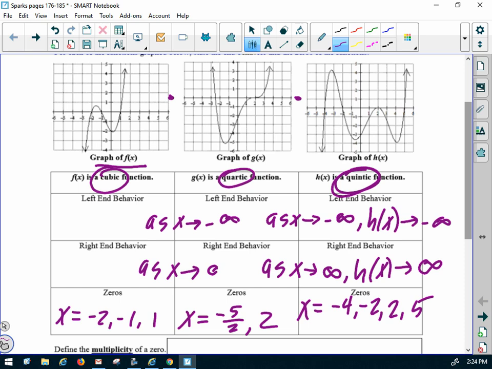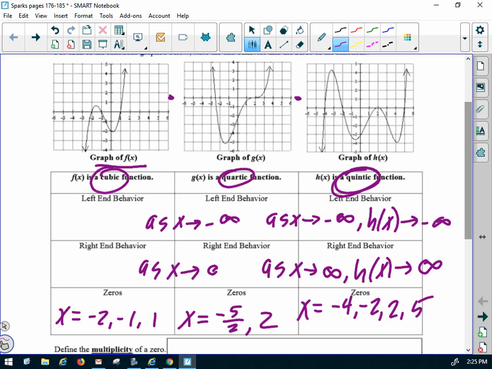If I take a negative number and raise it to an odd power, I get a negative. So when it's quintic, degree 5, my ends are going to go different ways, because a negative number raised to a big power is negative, but the positive number raised to a big power is positive.